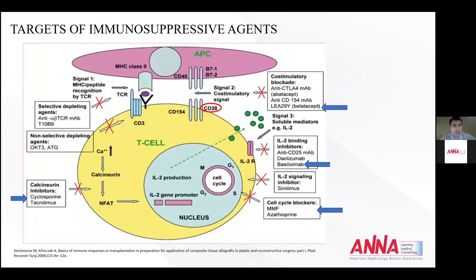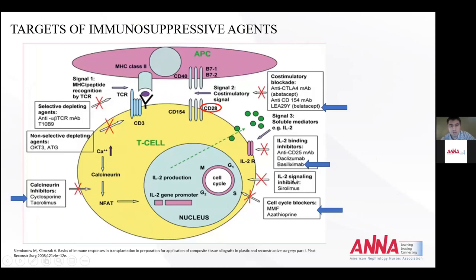And as we go through our slides, I wanted to bring this one up because it's a very busy slide, but all these little boxes show you the different binding sites and stoppage sites of all the different immunosuppressive meds that we use. Up here again is the antigen presenting cell, T cell receptors, your CD3, the MHC, CD8, all these different receptors.